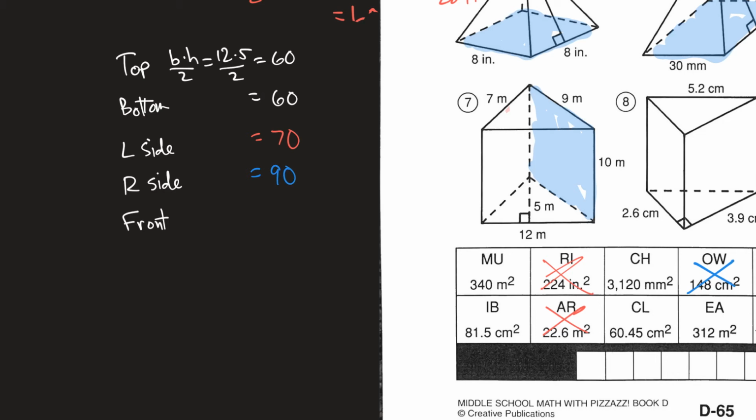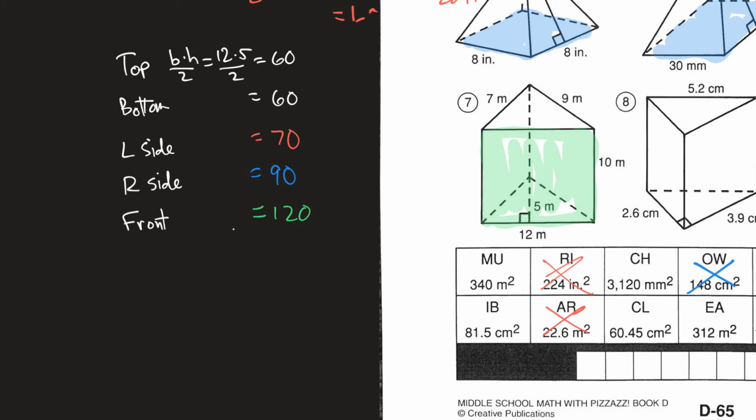And then we have the front, which is this entire rectangle here. The area of that is 12 times 10, and 12 times 10 is 120.